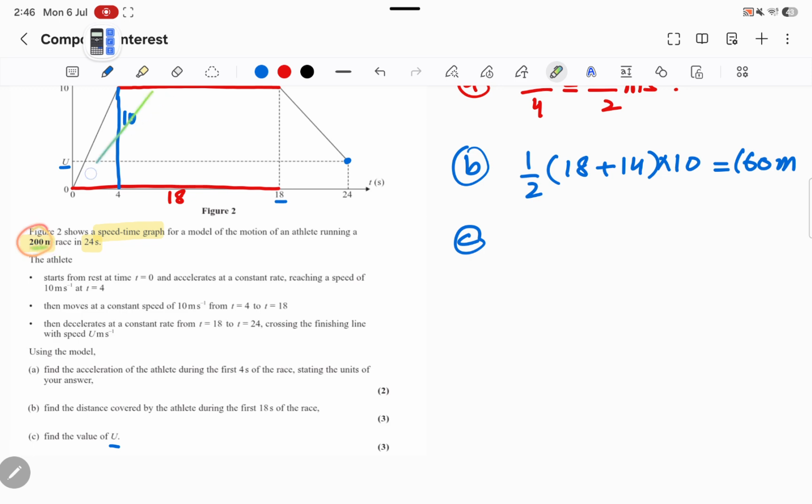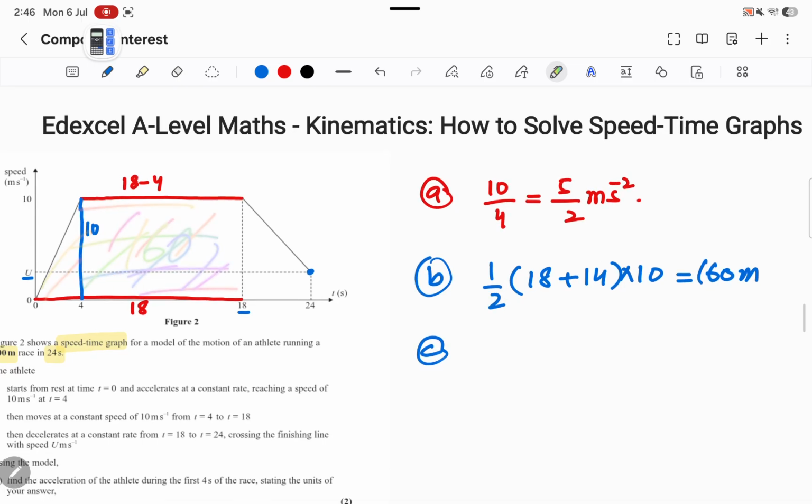So the total area under the complete shape should equal 200 meters, because the total distance covered by that athlete is 200 meters. Since the total area is 200 and this area we already worked out in part B is 160, this area would be 40. So we know the area of this part is 40 meters.